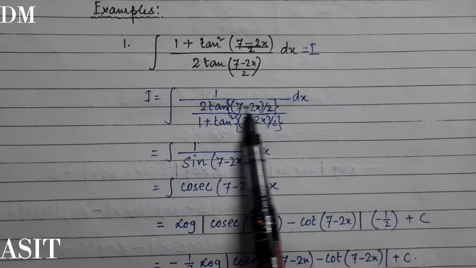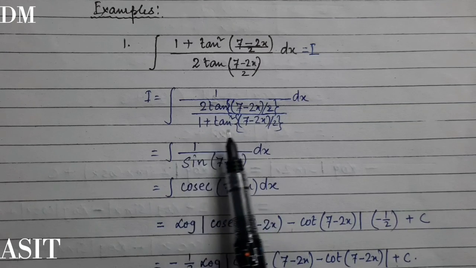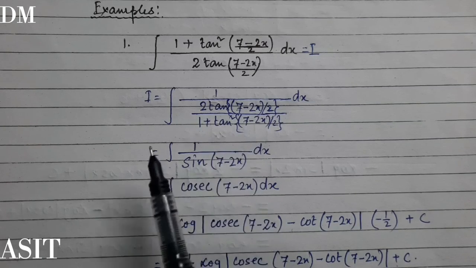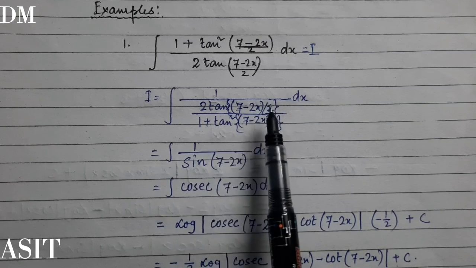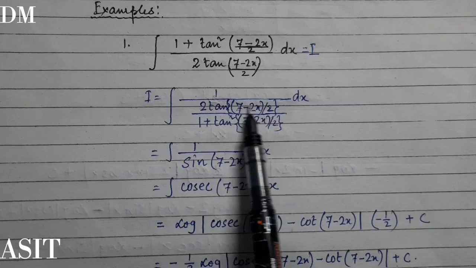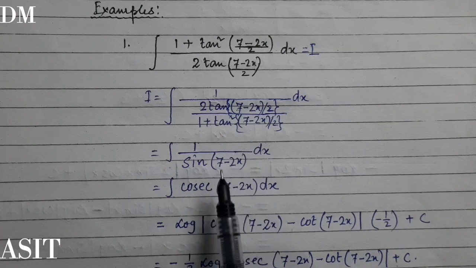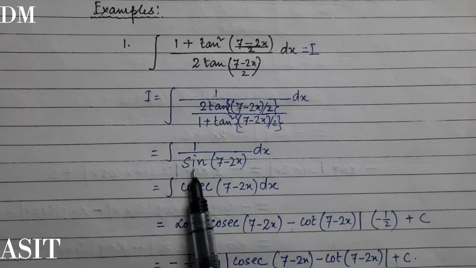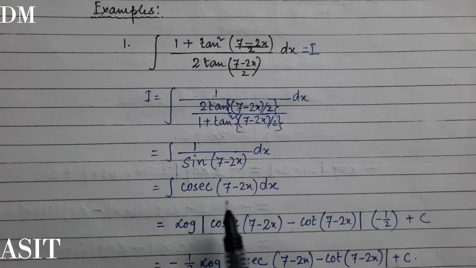Now this is in the form of 2 tan theta by 1 plus tan squared theta, which will become sine 2 theta. The angle will be doubled, so the angle will be 7 minus 2x. So 1 by sine (7 minus 2x), which equals the integration of cosecant (7 minus 2x) dx.